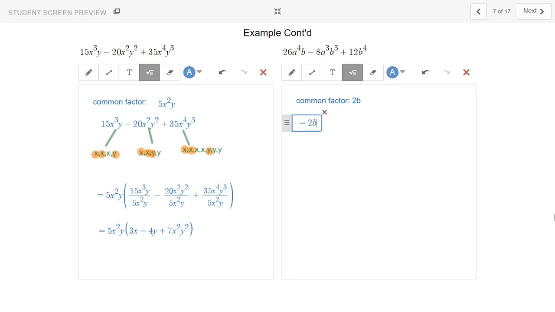Let's take a 2b out of each term. Now, if you don't need to show this step, you don't have to.